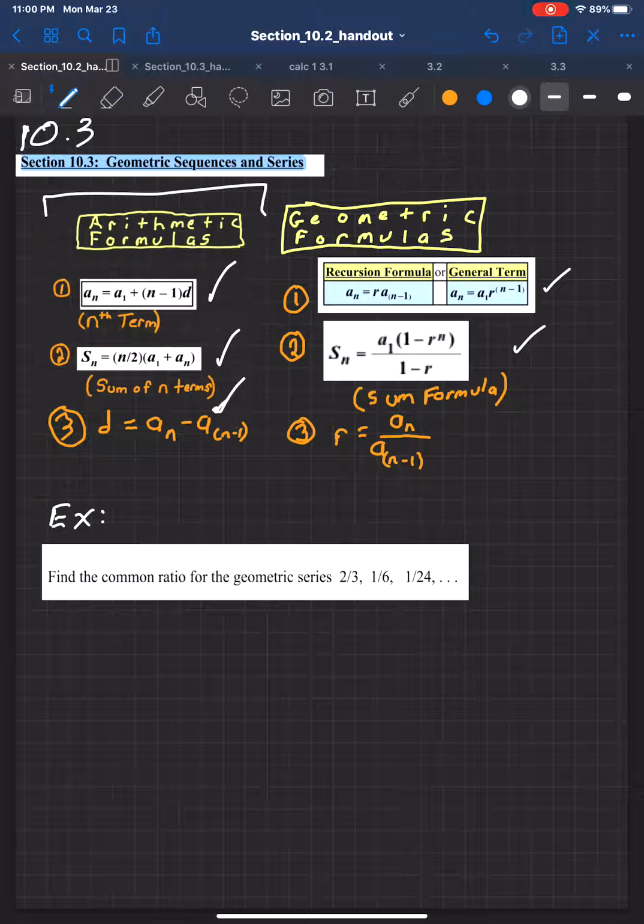And just like arithmetic sequences, we're going to need to know how the terms change from one to the other. Now, for arithmetic, recall that we refer to this as the common difference. So if d was 3, that would mean you add 3 every time you go from term to term. But for geometric sequences, we refer to this as the common ratio.